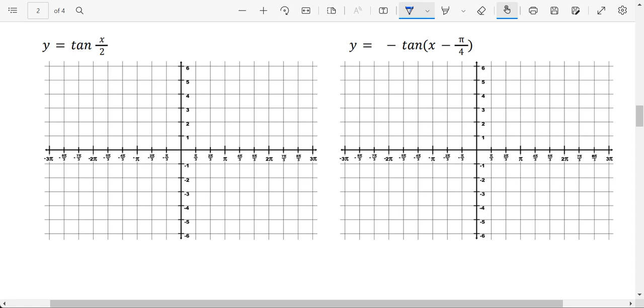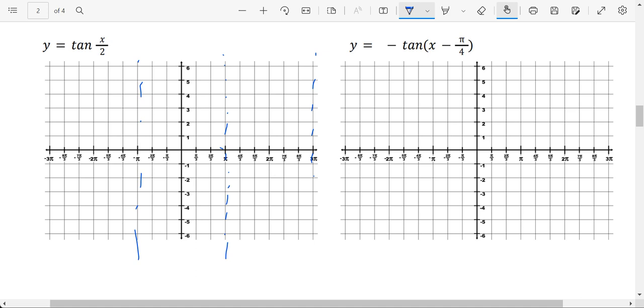What's that going to get you? So pi over 2 divided by 1/2 is going to be simply pi. We're going to have an asymptote at pi, and then the next one is 3 pi over 2 divided by 1/2. It's going to be 3 pi. And then negative pi and negative 3 pi.